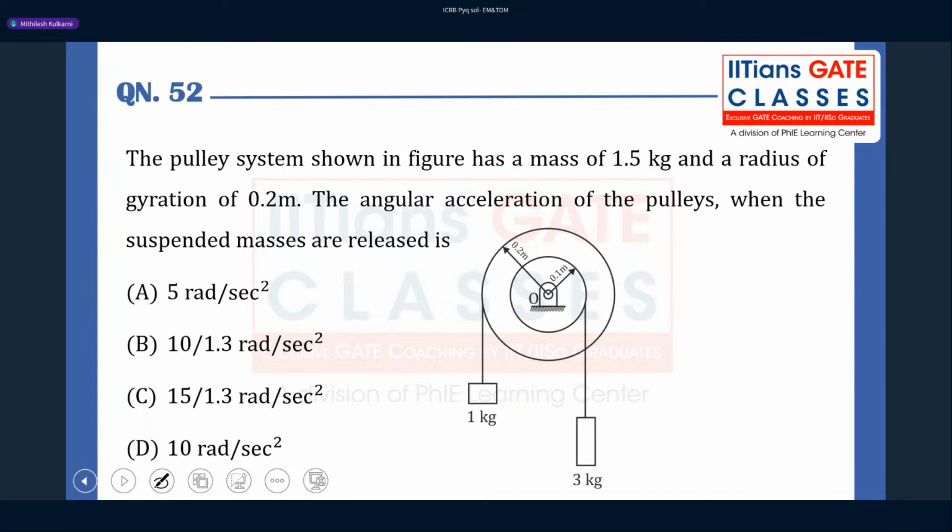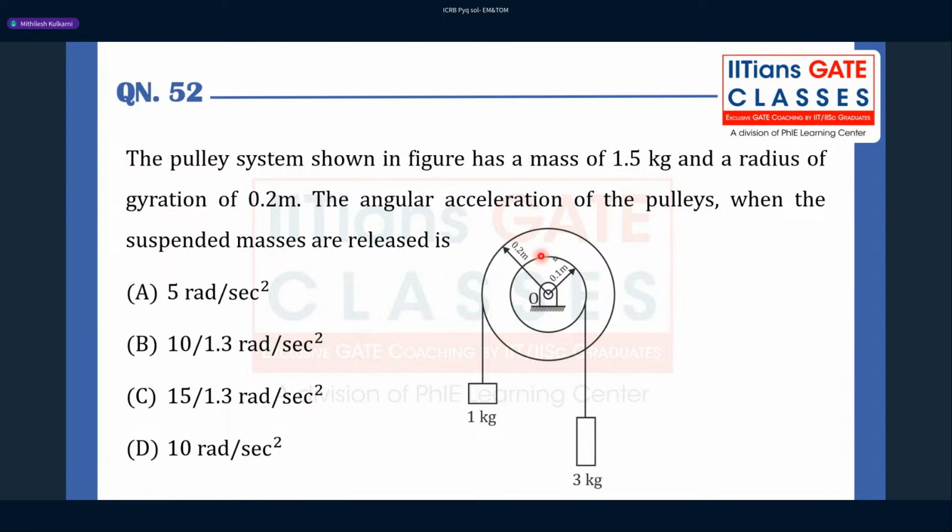Coming towards the next question. A pulley system shown in this figure has a mass of 1.5 kg and the radius of gyration is 0.2 meter. They are asking for the angular acceleration of the pulley when the suspended masses are released.